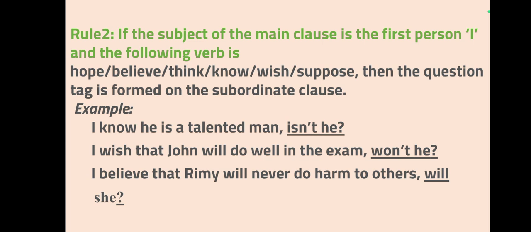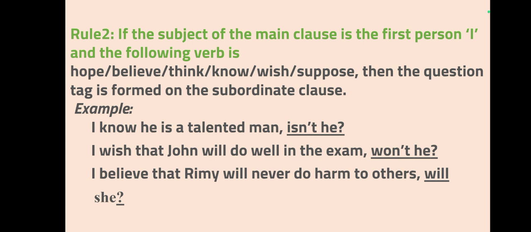Here, the tag question, isn't he, is formed on the subordinate clause because the main clause subject is the first person I, and the verb is know. The second example is: I wish that John will do well in the exam, won't he? Again, the tag question is formed on the subordinate clause, that John will do well in the exam.